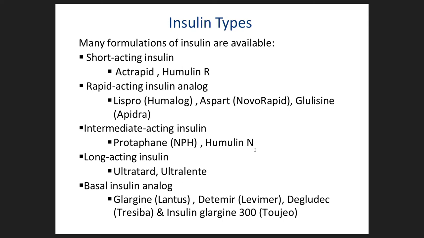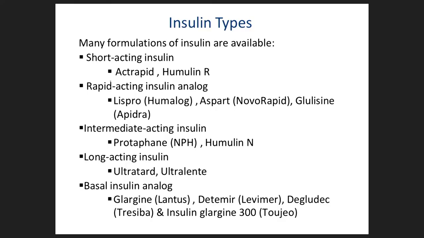All these are various types of insulin. And as I mentioned, the first 2 categories, short-acting and rapid-acting, are bolus. The remaining 3 categories, intermediate, long-acting insulin, and basal analog, are called basal insulin.